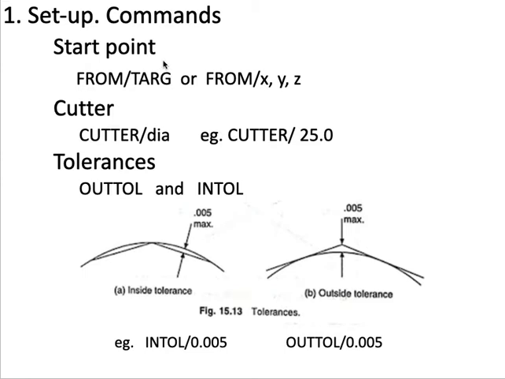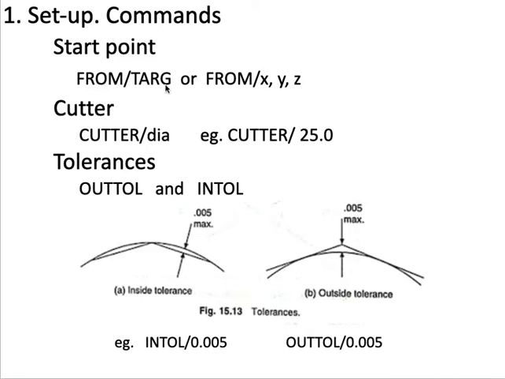This point may be the target point, the location where the operator has positioned the tool at the start of the job. The FROM command is used to establish the starting point of the tool at the start of the job.